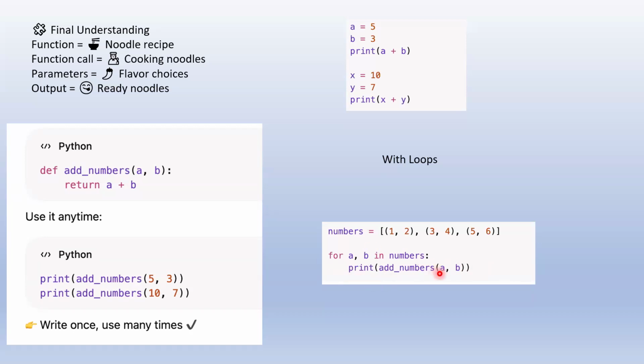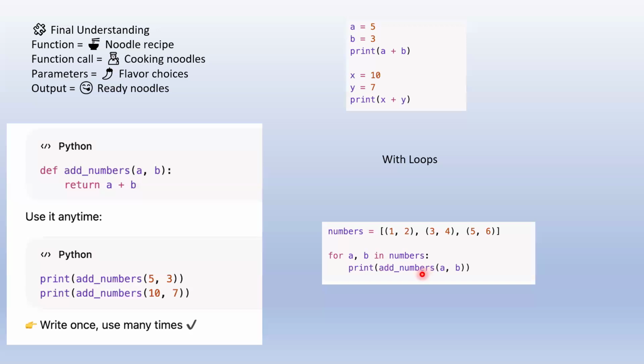And in the second iteration, what are the values that are picked up and assigned to A, B? Govind. 3 and 4. Very good. 3 and 4.